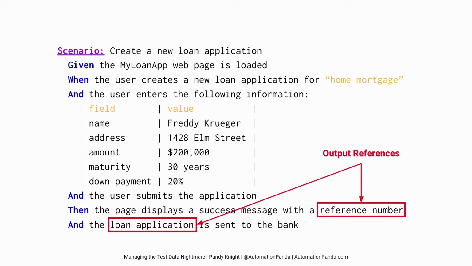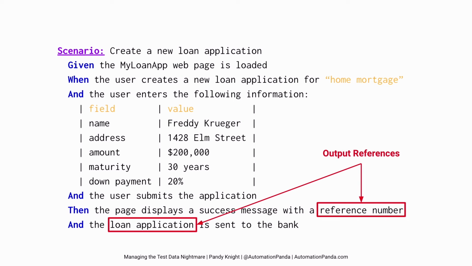The second type of test case value is an output reference. These are values that are retrieved from the product under test. Typically, they are outputs generated by exercising a behavior. In our example test here, the reference number can be scraped from the success page and verified for correct format. The loan application can be retrieved from the web app's backend to verify that it was correctly submitted.